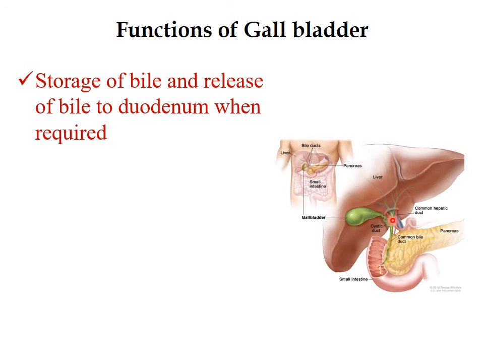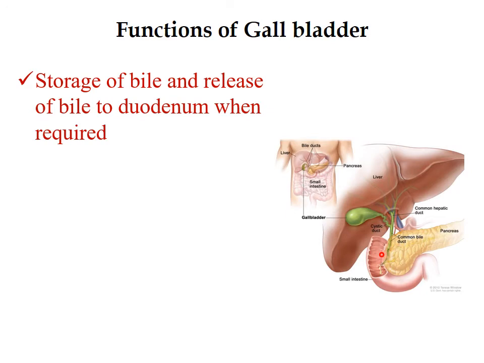From the hepatic duct it forms the common bile duct. It is actually the liver which synthesizes bile, and it comes through this pathway and is stored in the gallbladder. Whenever it is needed, the gallbladder will be squeezed, and through the cystic duct it will go to the common bile duct, and the common bile duct opens to the second part of the duodenum.